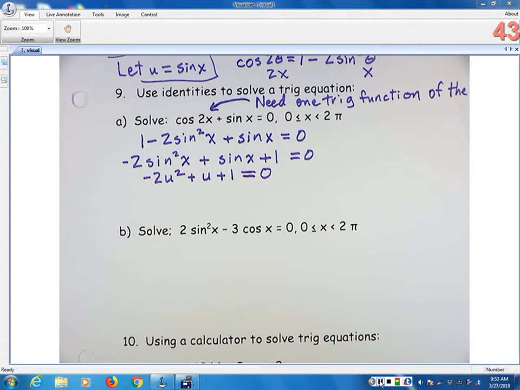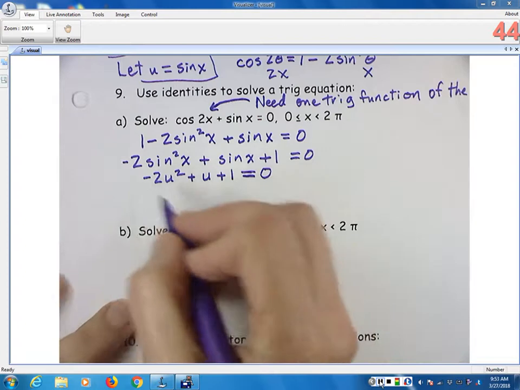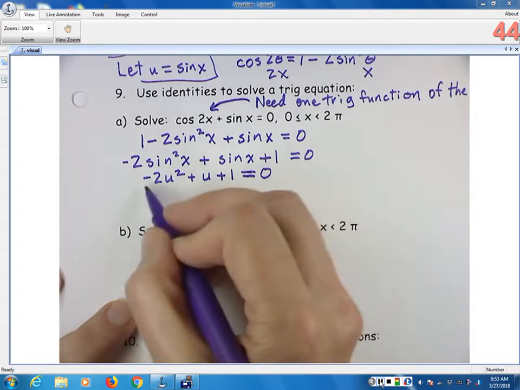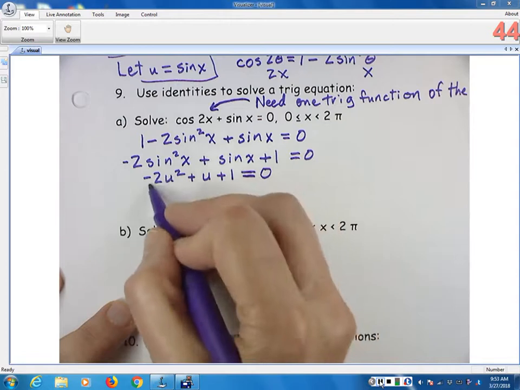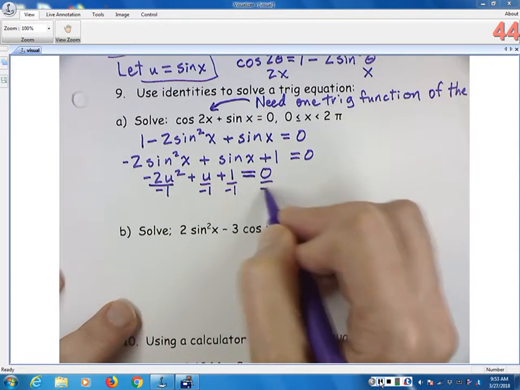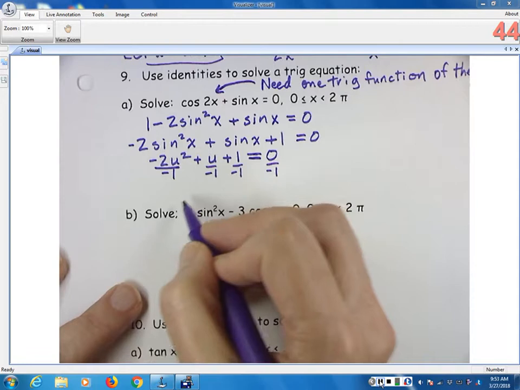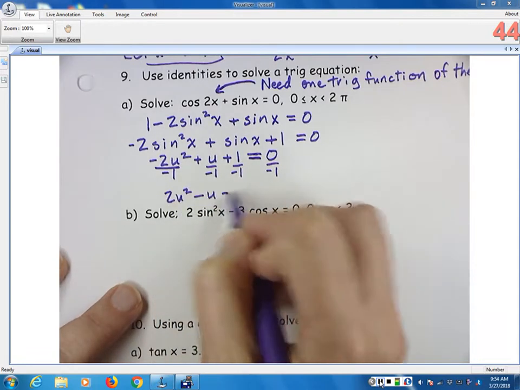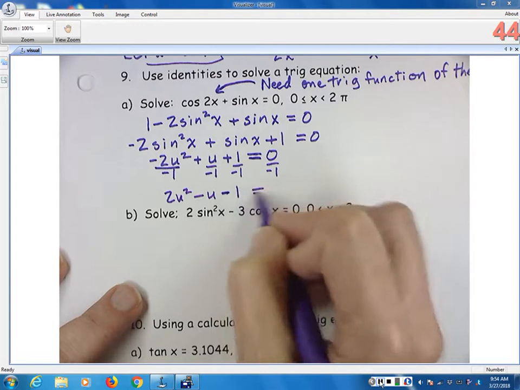Anytime you're factoring, if you have a negative in front of the first term, you want to factor that negative sign out. Or you divide by a negative 1. You can either factor the negative out or divide through by a negative 1. You're going to get 2u squared minus u minus 1 equals 0.